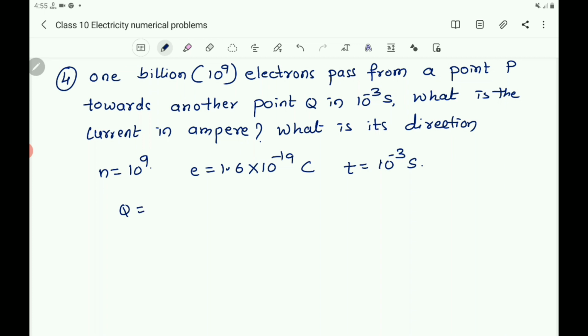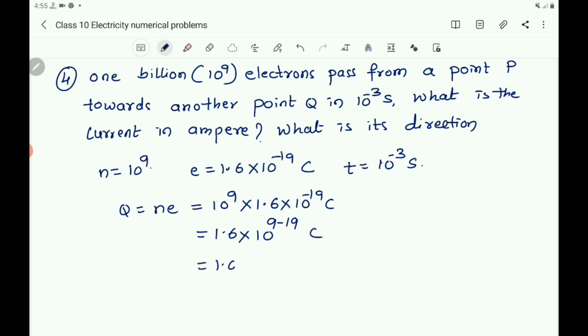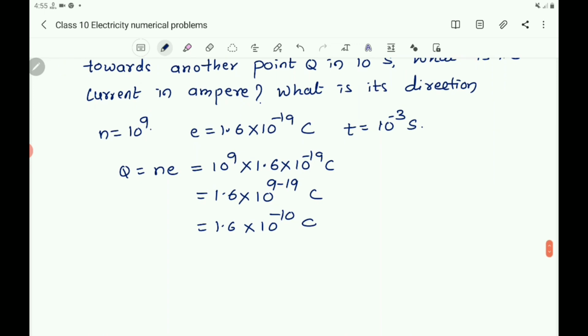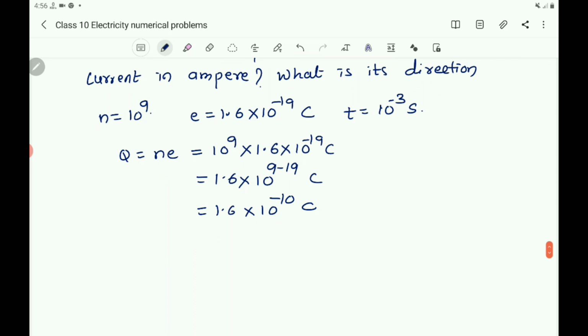Q equals N into E, that equals 10 power 9 into 1.6 into 10 power minus 19 C. Taking 10 power 9 and 10 power minus 19, you will get 1.6 into 10 power minus 10 C.